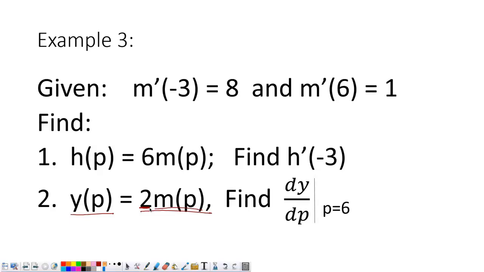So when they're asking me to find dy dp at p equals 6, I know I need to start by finding the derivative of y with respect to p. How do we do that? Well, you guys go ahead and fill in the blank. What is the derivative of y? If y is equal to 2 times m, then what's the derivative of y? The derivative of y would be 2 times the derivative of m.